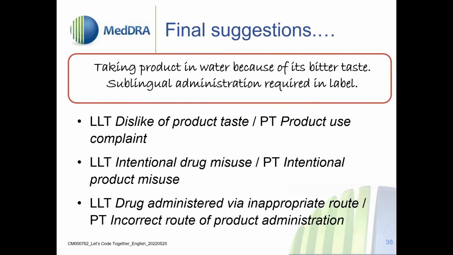Yeah, so intentional use by incorrect route would be a term that would capture the intentional use by the incorrect route, but it's not the correct assignment because it does not capture the misuse aspect. No. So that it was done in the context of therapeutic use of the product.